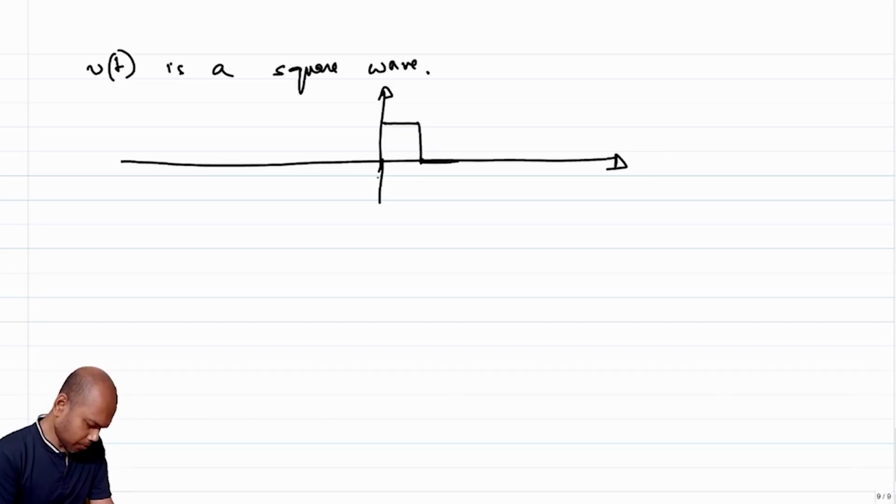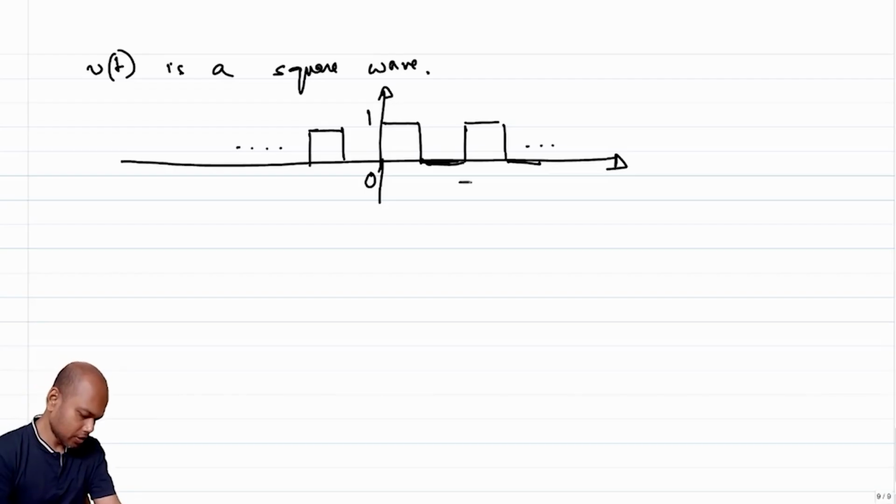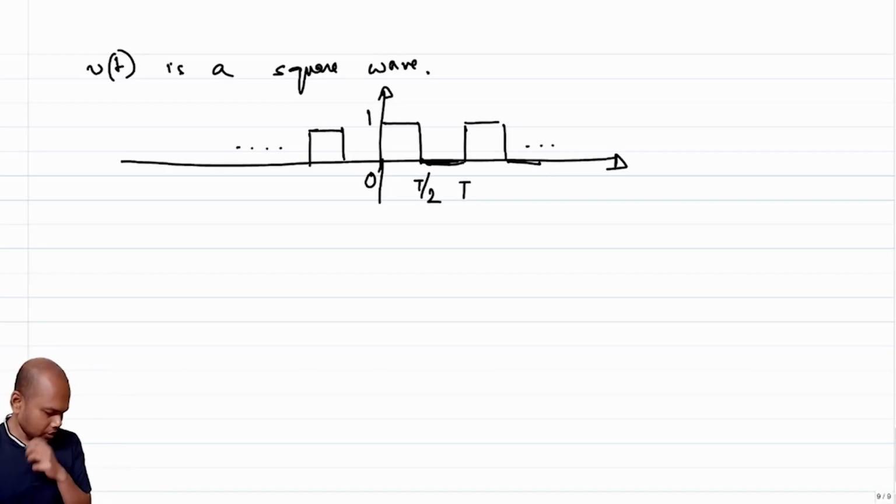It goes from 0 to 1, and goes like this, and so on. This is t and this is t by 2. I'm interested in finding out the frequency components of this square wave.